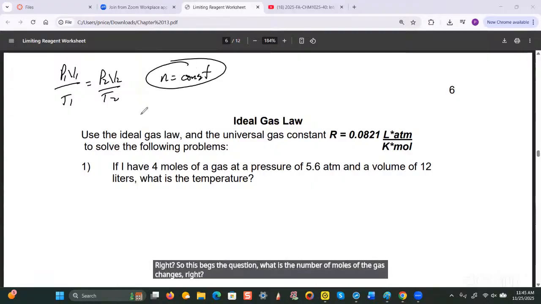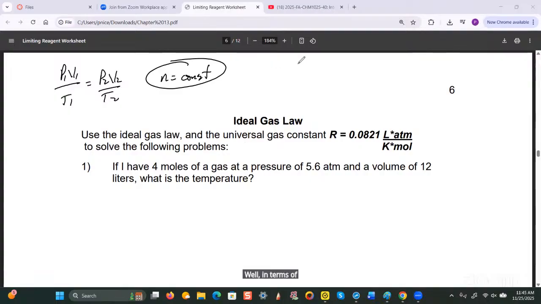Well, it turns out that PV over T is going to be constant, right?